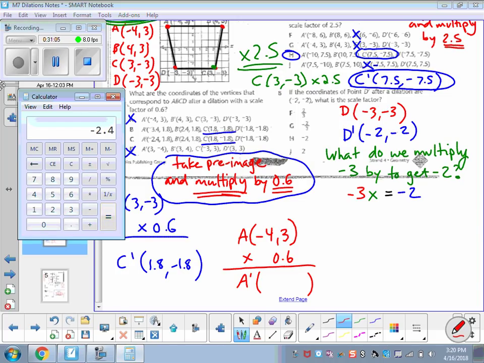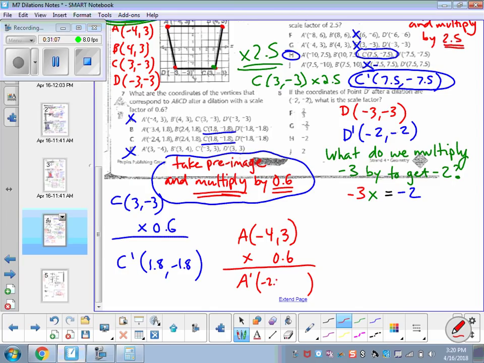All right, negative 2.4. And now 3 times 0.6 we already did right here. That's the 1.8. So now for A prime, we're looking for negative 2.4, 1.8. So between these two, there it is, which means C is the correct answer.